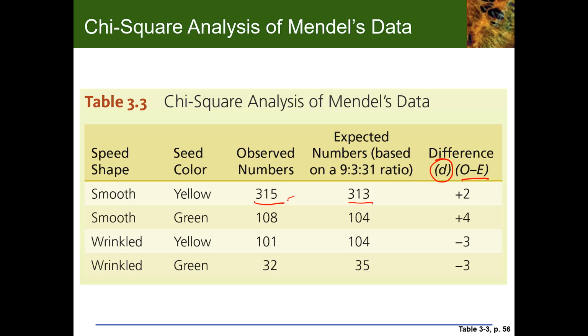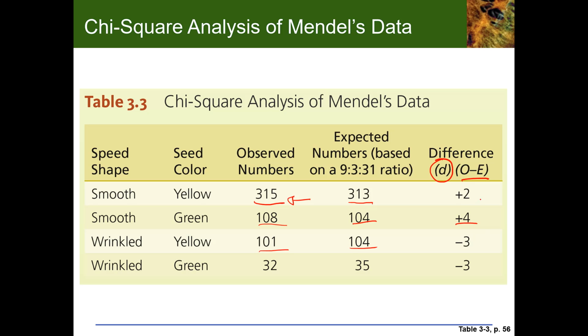He actually got 315. So observed 315 minus the expected 313 is equal to plus 2. Over here, smooth green, he observed 108. He expected 104, so 108 minus 104 is plus 4. And then wrinkled would be 101. Expected would be 104, so 101 minus 104 is negative 3.